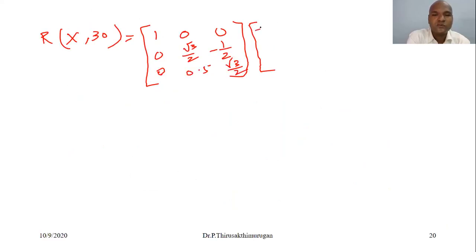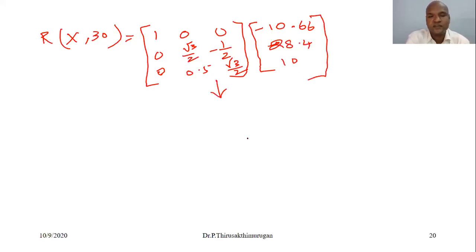Here you should substitute minus 10.66, then plus 28.4, then 10. Please calculate and tell me the new position, transform new position of the robot. Please tell me.